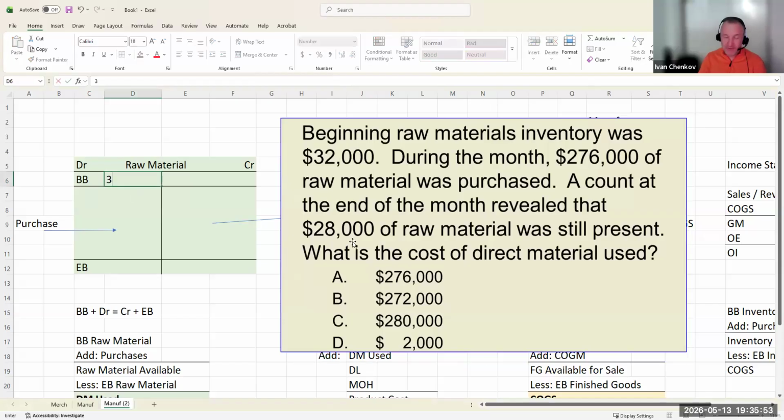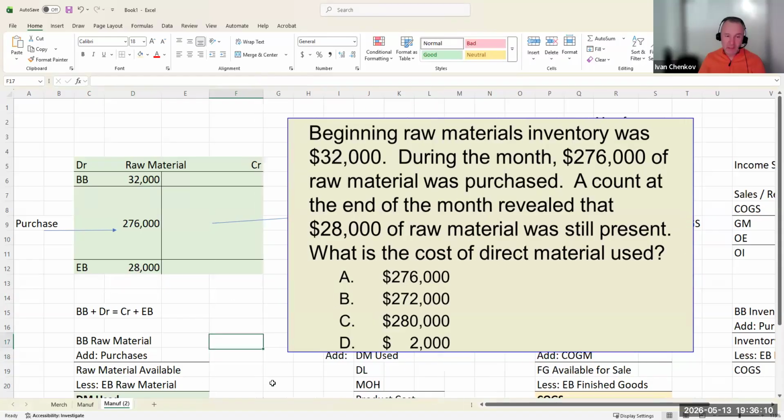Raw material, 32,000. We purchased 276. We count at the end 28,000. So let's use it here on this calculation. In the beginning, we have 32. Then we purchase 276. How much available do we have?